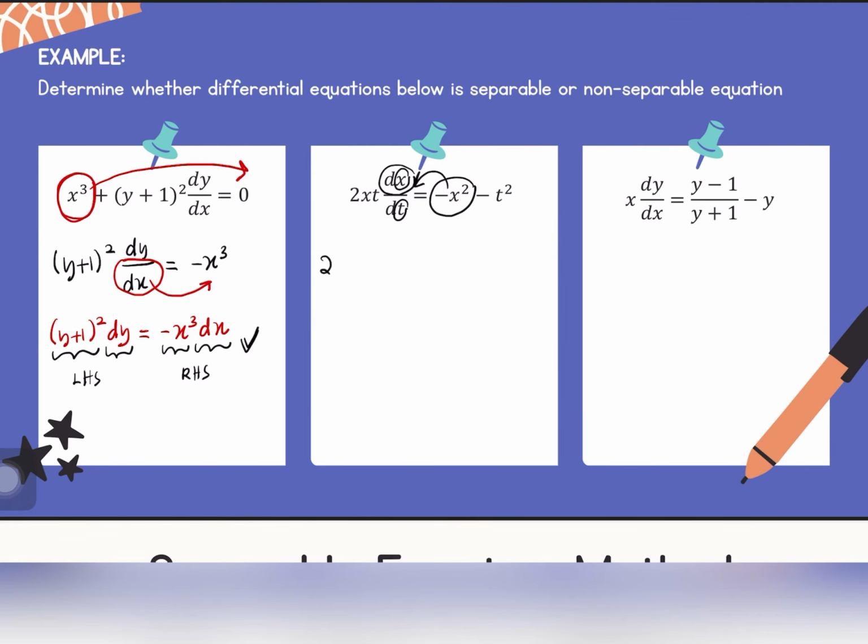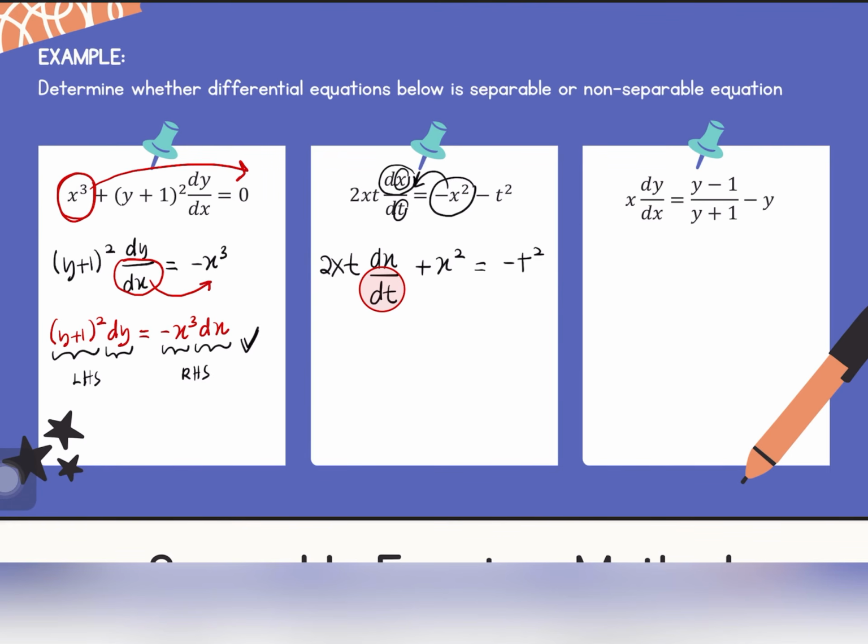So it will be 2xt dx over dt plus, okay, minus, move to the left, it will be plus x squared equal to negative t squared. Okay, class. So now you want to move dt. Let's say this one is darab dt. This one is bahagi dt.